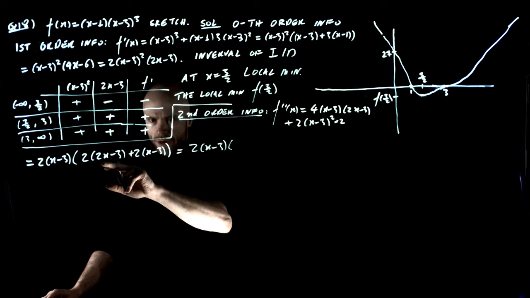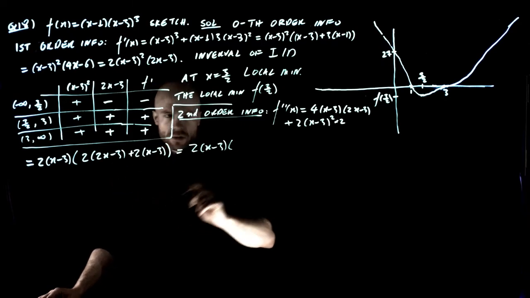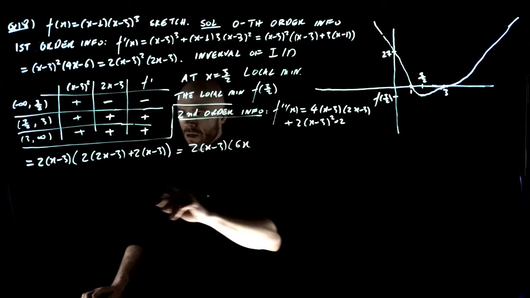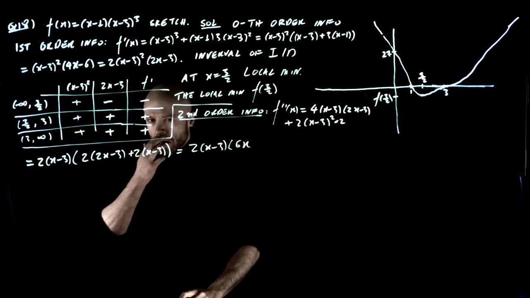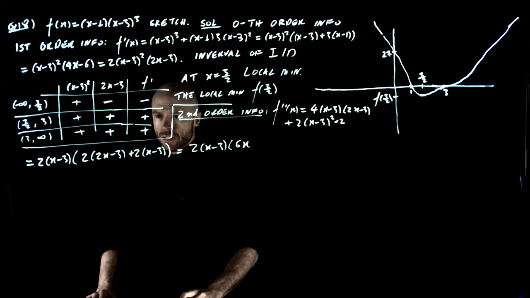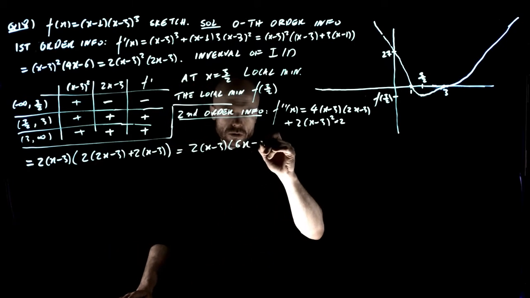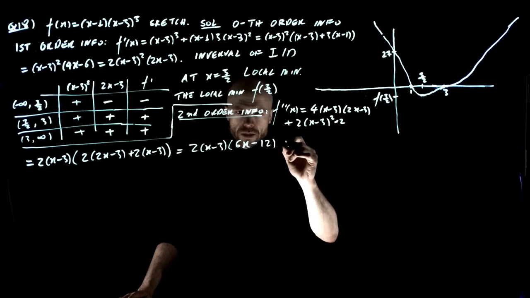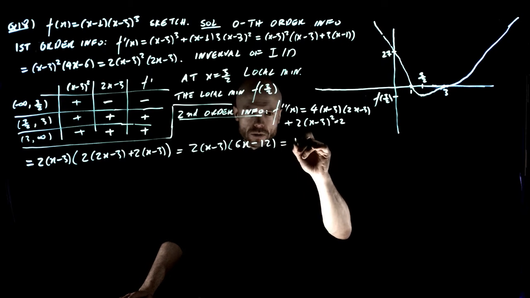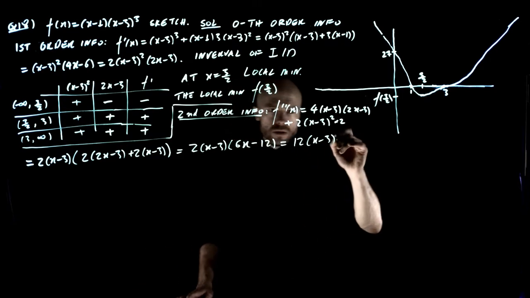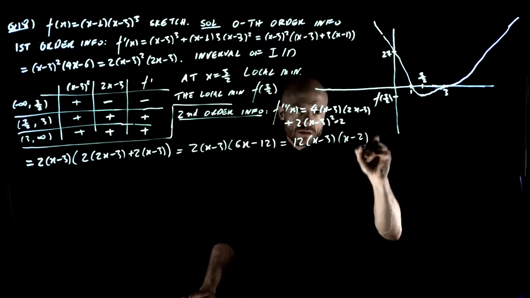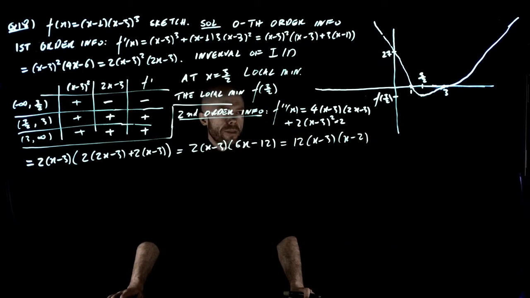We're going to have 4x plus 2x, so it should be 6x. And then minus 6 and then minus 6. That's minus 12. Let's factor out a 6. So we have 12 of x minus 3 and then x minus 2. And that is our second derivative.